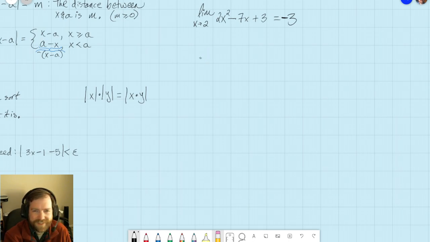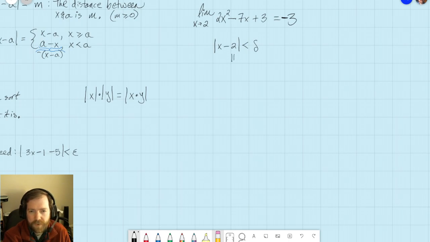Alright, so anyway, we're going to insist that this is true, and now we have to prove that this limit is actually true. So again, this is not a particularly interesting point for this particular parabola. So we say that, all right, we know that, again, the absolute value, the distance between x and 2, needs to be less than some delta value, some arbitrary constant.